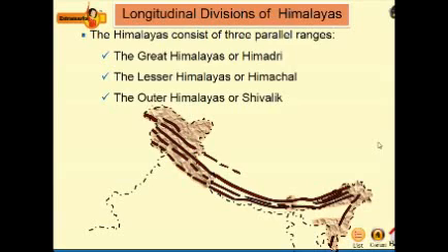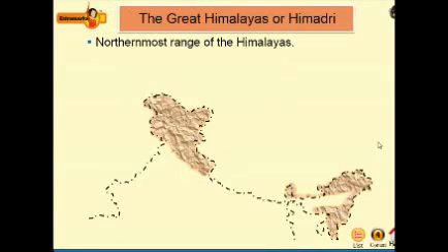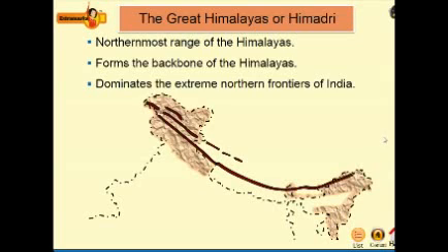The Great Himalayas or Himadri is the northernmost range of the Himalayas, and it forms the backbone of the Himalayas and dominates the extreme northern frontier of India.